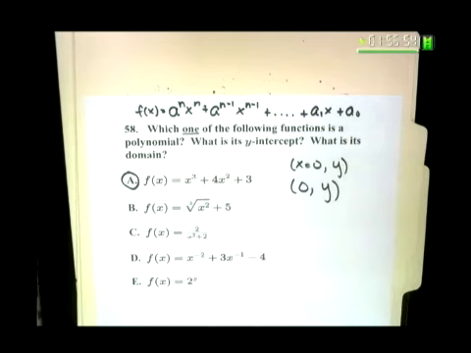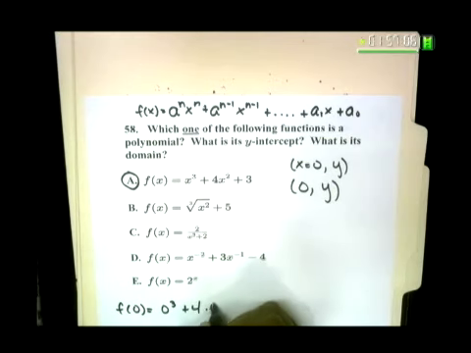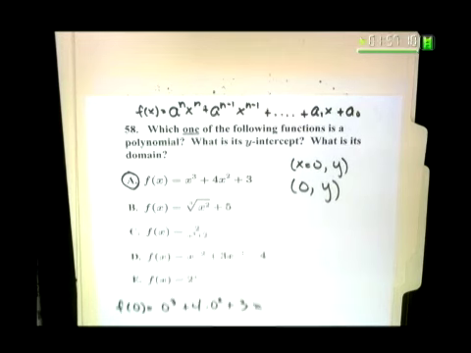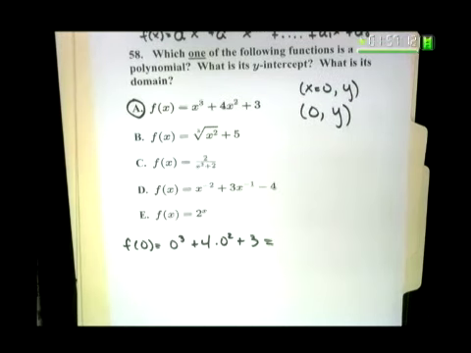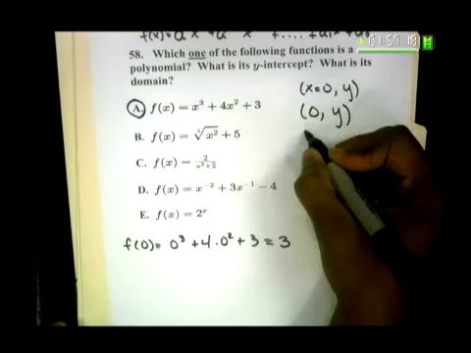So we plug in 0 for x, so f of 0, and this would be pretty easy to see: that would be 0 plus 0 plus 3, which is just 3. So the y-intercept would be 0, 3, and you would write it as y equals 3.